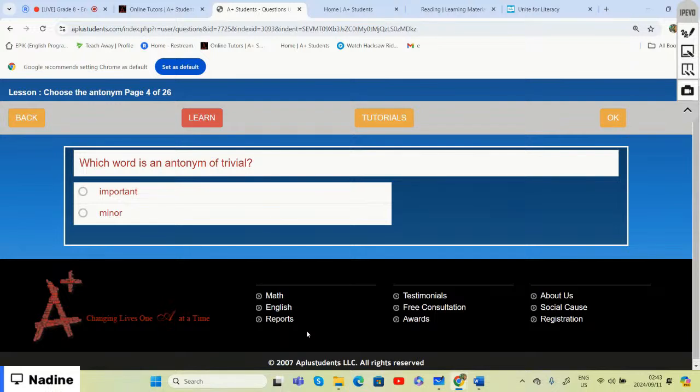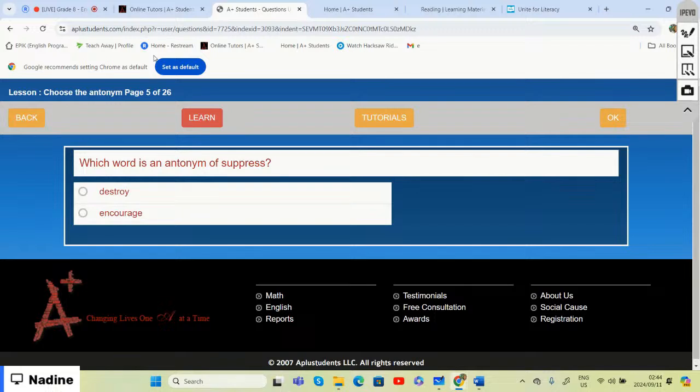And the word that's the opposite of trivial, right? Trivial means that something is unimportant, so the opposite of unimportant is important. So important is the opposite of trivial. So well done.